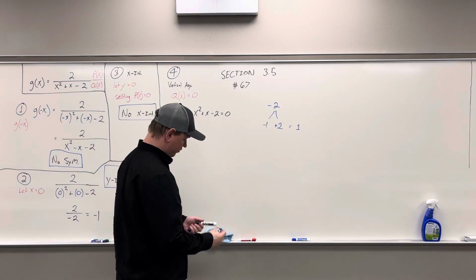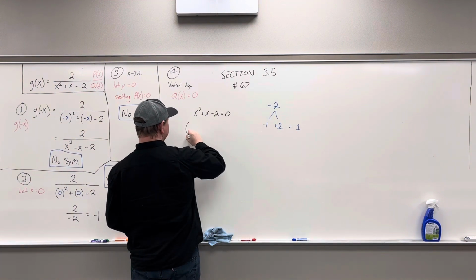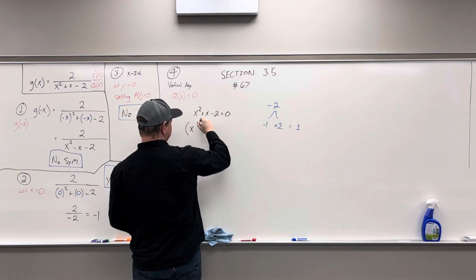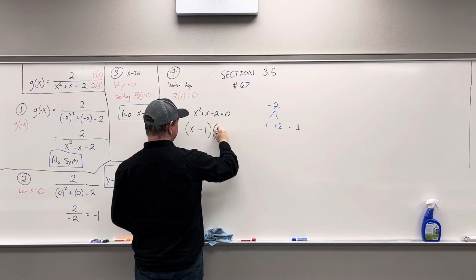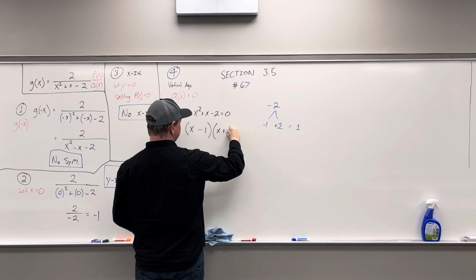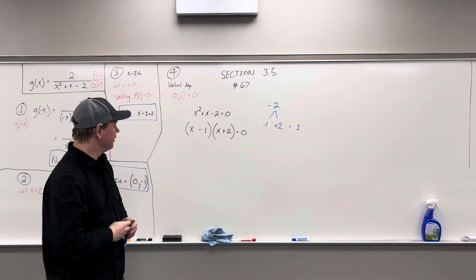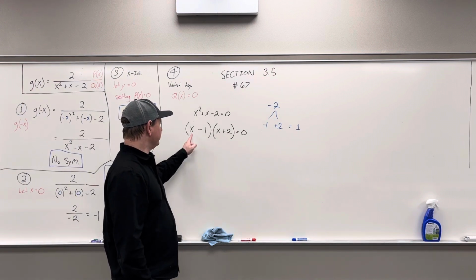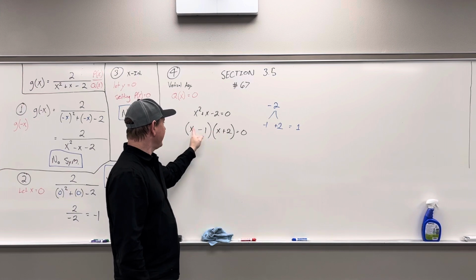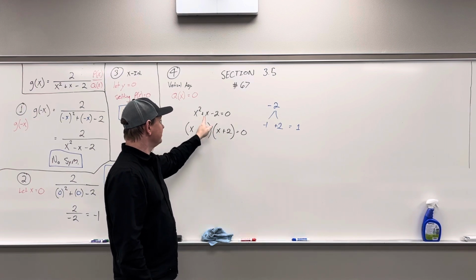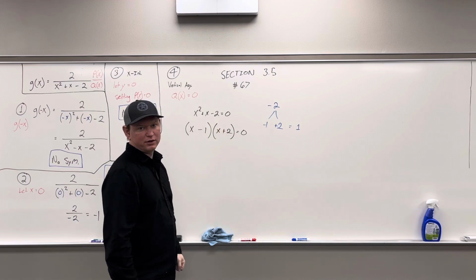So we then make our factors, x plus 2 and x minus 1. So double check: x times x is x squared, 2x minus 1x gives me x, and then 2 times -1 is -2.